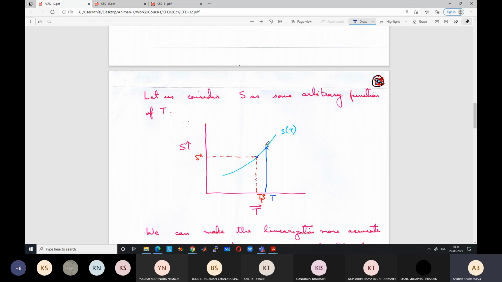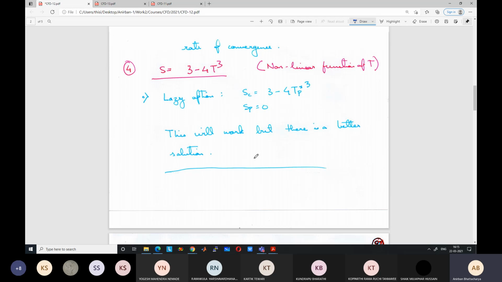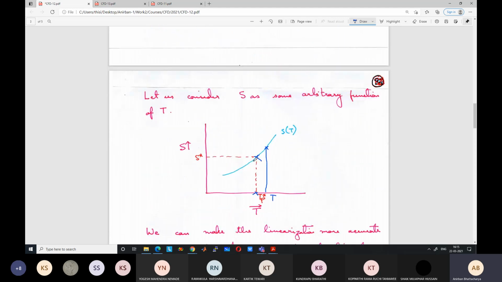We want this source term, so we are approximating it using the previous iteration value. The previous iteration value is say Tp star. So based on this, we find the source term as 3 minus 4t cube. This is our lazy approach.